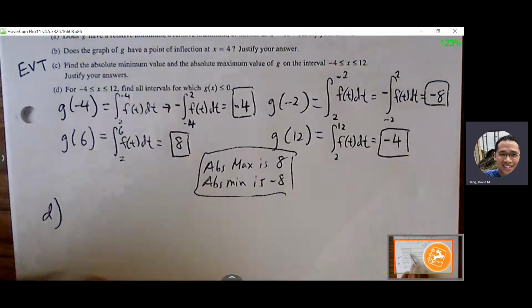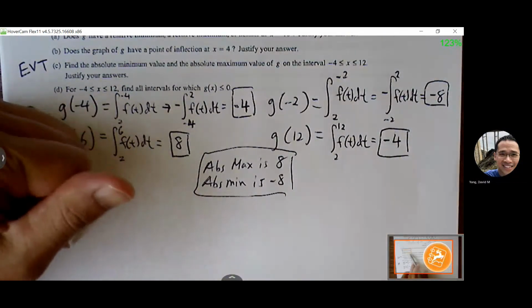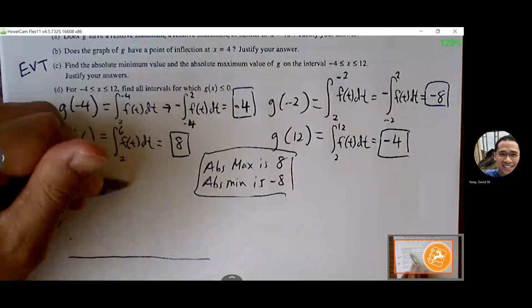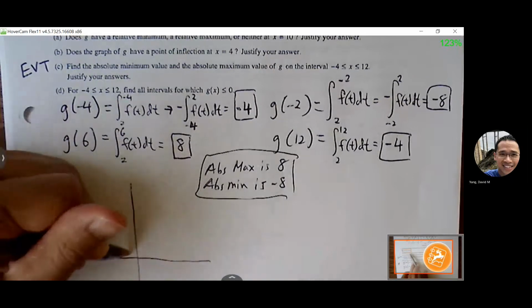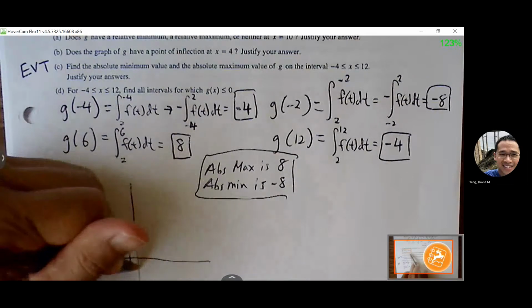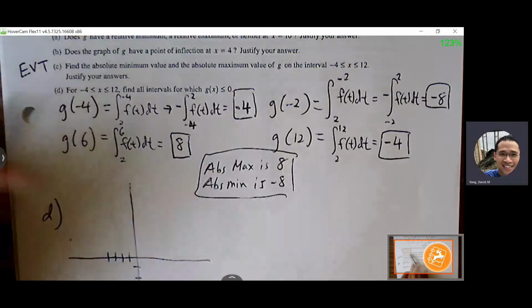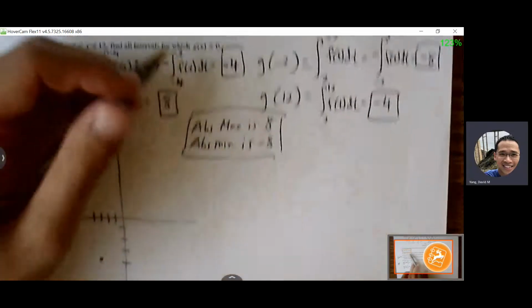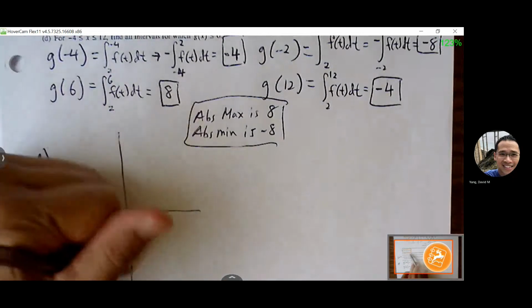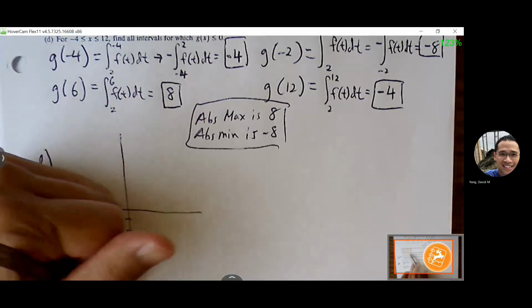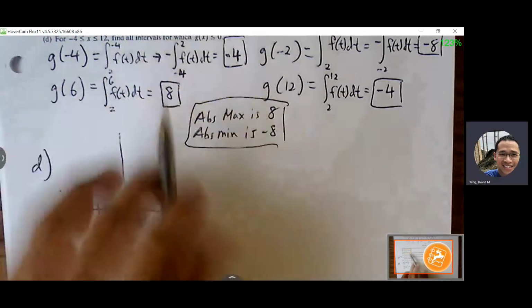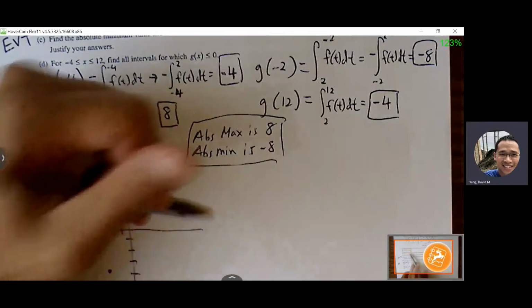So I have -4, -4. I have -2, -8. I have 6, 8.